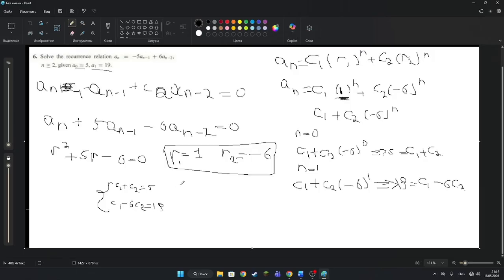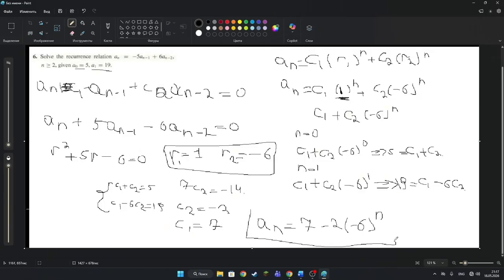It's going to be 7c2 equals minus 14, and c2 equals minus 2. Then c1 is equal to 7. And let's write down the answer: a_n equals 7 minus 2 multiplied by minus 6 to the power of n. It's our answer.